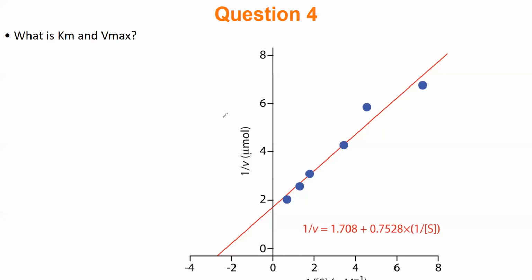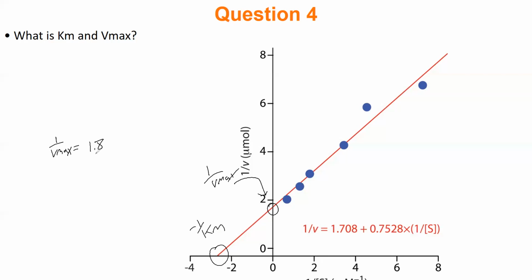When finding Km and Vmax on a Lineweaver-Burke, remember, all we care about are the intercepts. The y-intercept is 1 over Vmax. The x-intercept is negative 1 over Km. So what does that mean, the 1 over stuff? Well, on the y-intercept, our value is roughly 1.8. So 1 over Vmax is equal to 1.8.